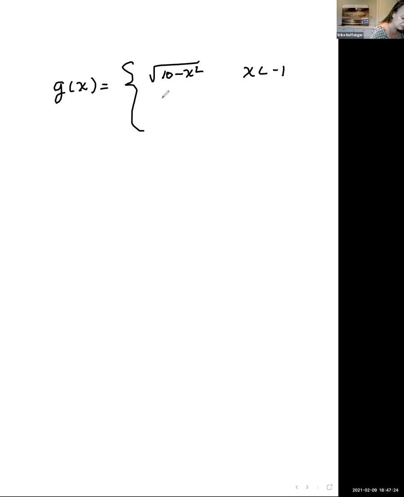We had the fraction 26 minus 5x squared over 7, if x was between -1 and e. And the last one, we had the natural log of x cubed, and this was x greater than e. This was part B, let's say: find the limit as x approaches e.